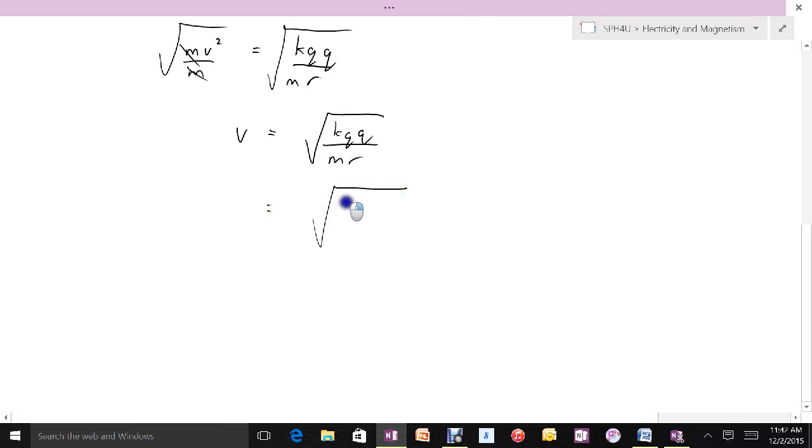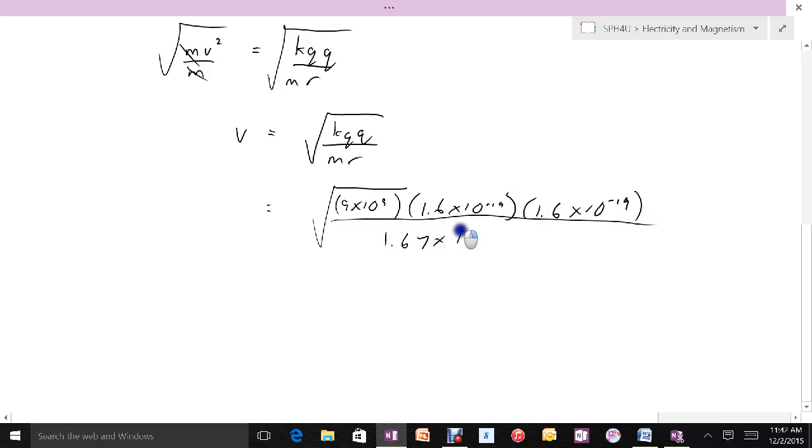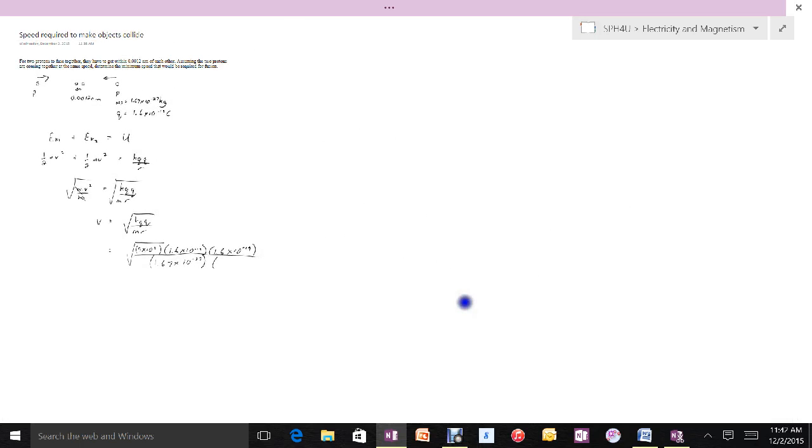So now I just have a big substitution to do. Square root of 9 times 10 to the 9 times 1.6 times 10 to the negative 19. Again, because they're both protons, divided by the mass of a proton, and that minimum radius that we made up, 0.0012 nanometers.